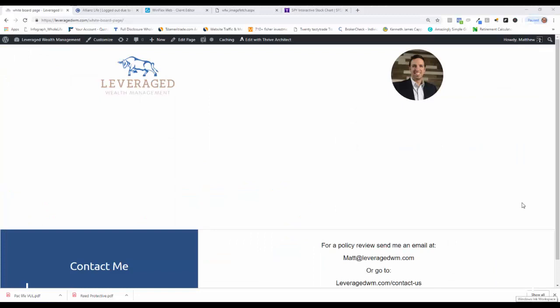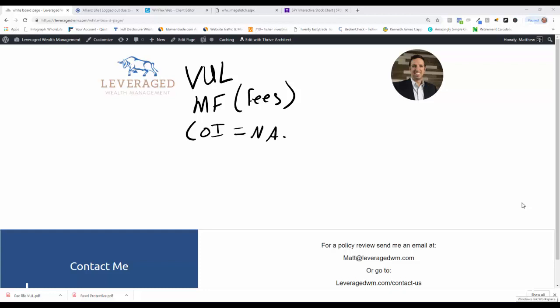So just to recap the things that we talked about, variable universal life is backed by mostly mutual funds, and you pay fees associated with those mutual funds. Your cost of insurance is based on the net amount at risk. You have unlimited upside. You also have unlimited downside. And because you have unlimited downside, it can cause your net amount at risk to skyrocket in later years when the market drops, causing your fees to also skyrocket in later years when the market drops.